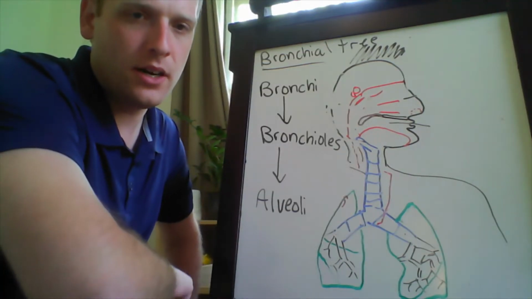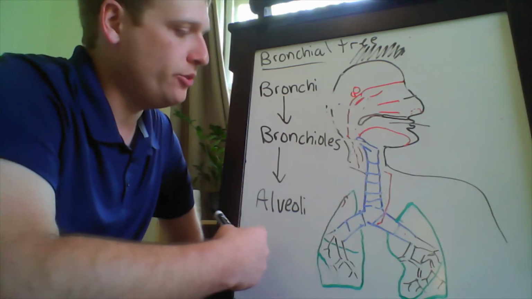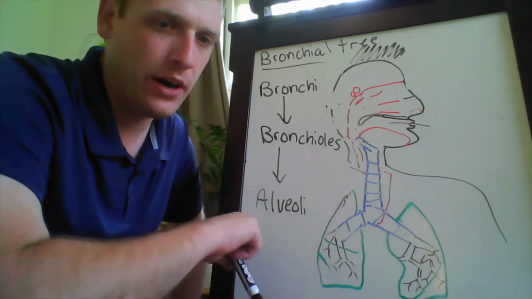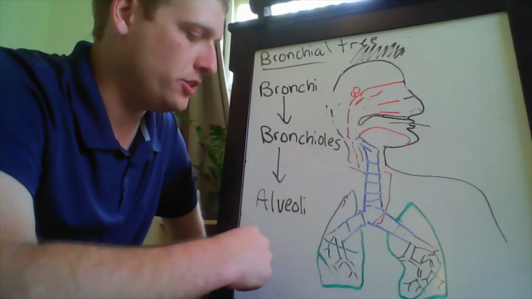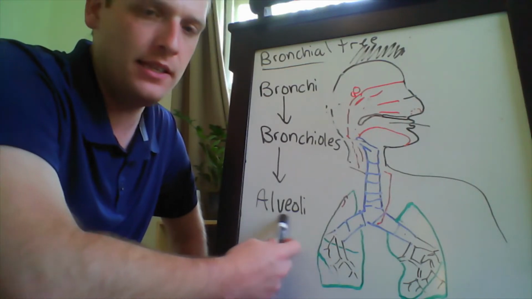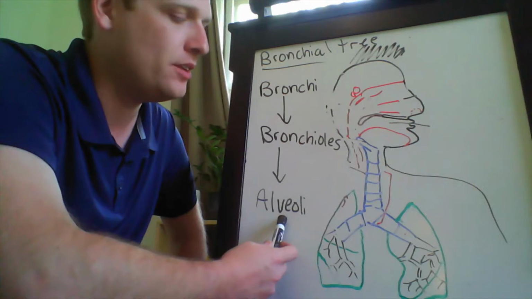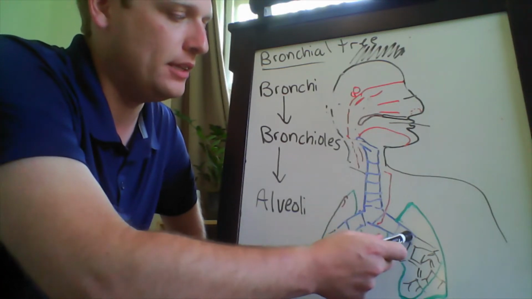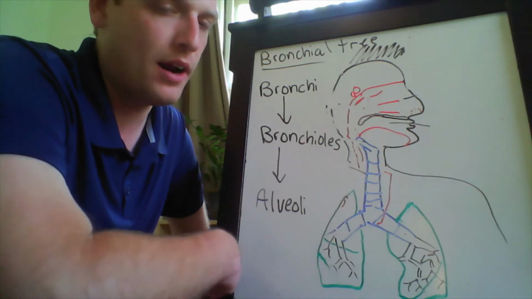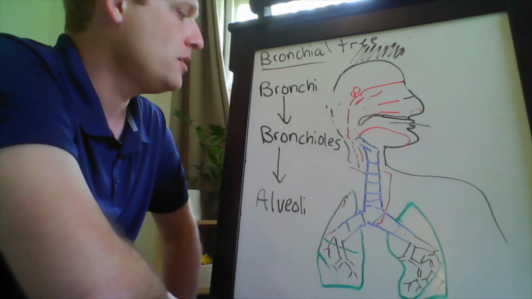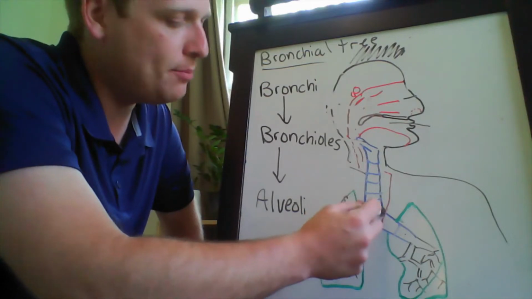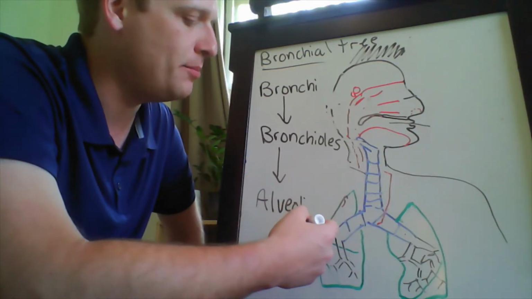So now what I'd like to talk about is the bronchial tree. Now we're getting closer and closer to that respiratory zone where you're actually getting gas exchange occurring. And remember, that's happening in these air sacs, the alveoli. So first, the trachea branches into the left and right primary bronchi.